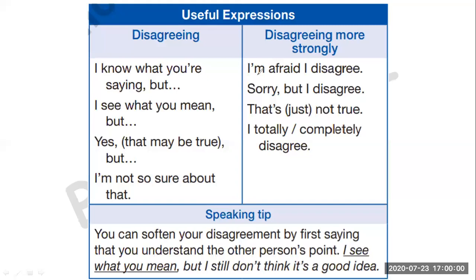For example, if you say, I'm afraid I disagree, you don't care about the other person's opinion. Maybe you think that you have the reason and the other person doesn't. Understand? Exactly. So when you say I totally disagree, it's because you think you are right and the other person is not.